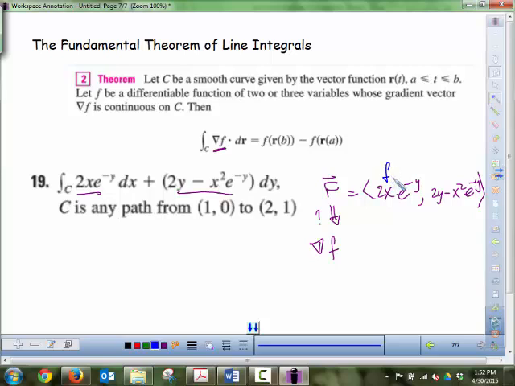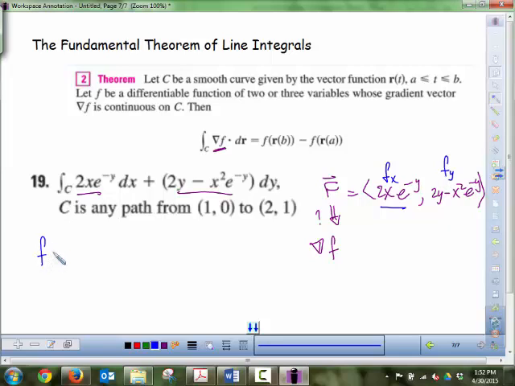Remember that if this was a gradient field, then the first component of that vector field must have come from the original function by taking the derivative with respect to x, and the second component must have come from the same function by taking the derivative with respect to y. So if we anti-differentiate with respect to x and y respectively, then hopefully we can find f.